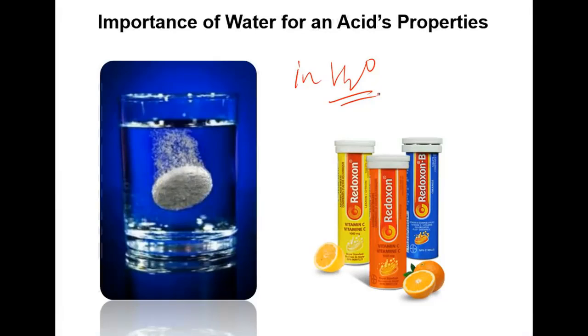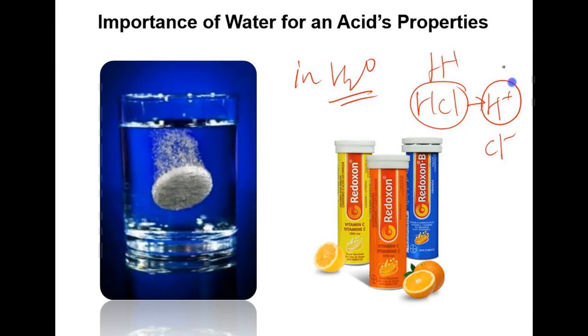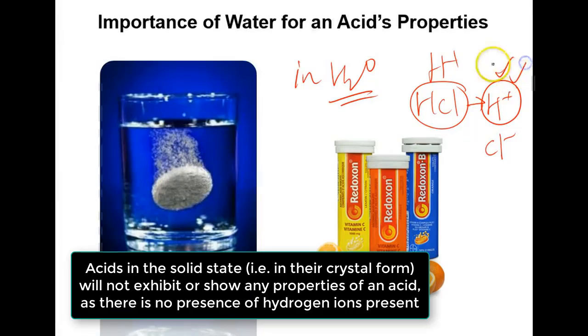Because the acidic properties of an acid come from the presence of the H plus ions, if I have HCl by itself, there will be no reaction. It's only when HCl dissociates into H plus and Cl minus and the H plus undergoes the reaction that I can observe the acidic properties of HCl. So without water, no H plus, no acidic properties.